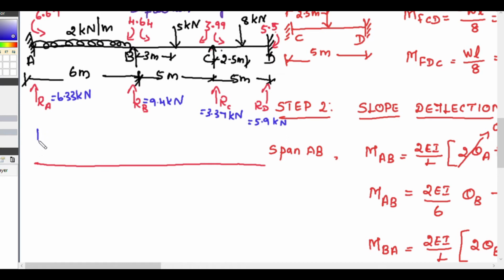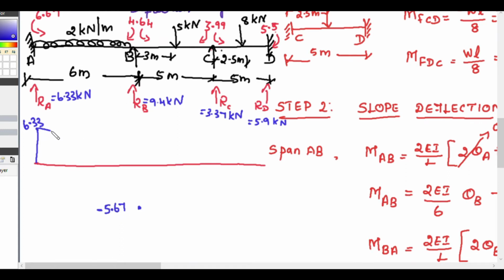So it is 6.33 and till B we have an UDL of 2 kilonewton. So total load is 2 into 6, that is 12. So 6.33 minus 12 we get minus 5.67. So here at B it is minus 5.67.